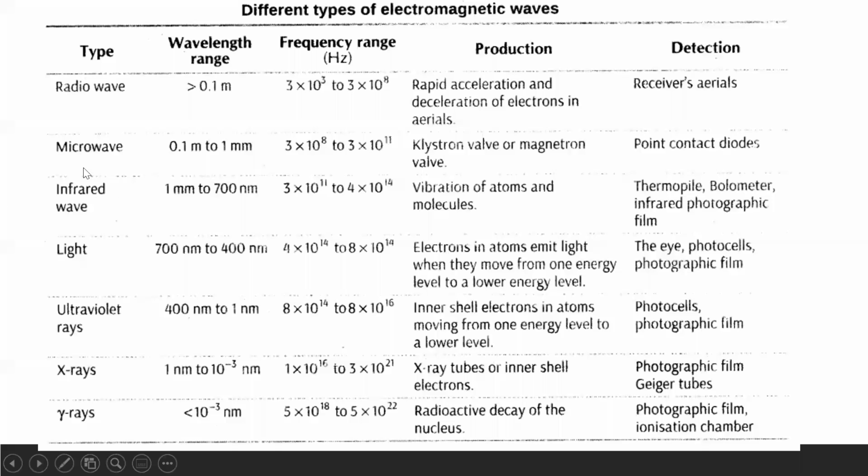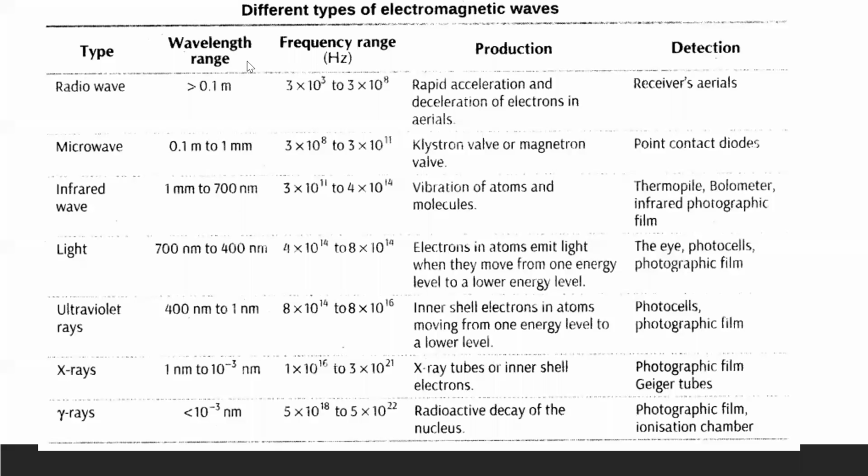It's mostly infrared radiations. So the vibration of atoms and molecules produces infrared radiation, because when we heat something, the atoms and molecules in that body start vibrating. So when they vibrate, infrared radiations, which are otherwise called heat radiations, will be produced.